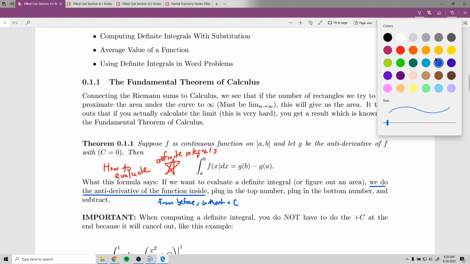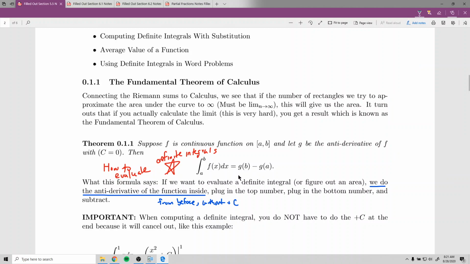And then what the rest of the formula is saying, this b and this a, is to plug in the top number into that function, subtract, and then plug in the bottom number a. But you have to make sure you do the top minus the bottom. If you do bottom minus top, you'll be off by a negative sign.